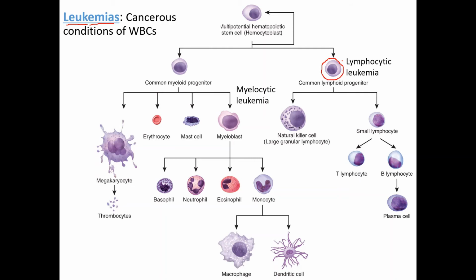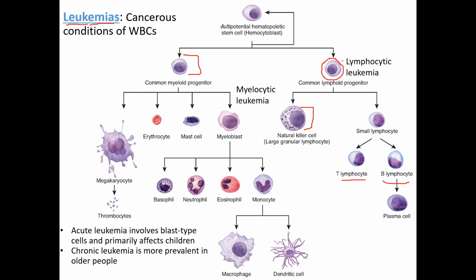And so ultimately all of the cells downstream, the T lymphocytes, the B lymphocytes, etc., are all going to contain these mutations. Myelocytic leukemia can be a mutation of the myeloid progenitor cell, or there can actually be mutations farther on down the line.